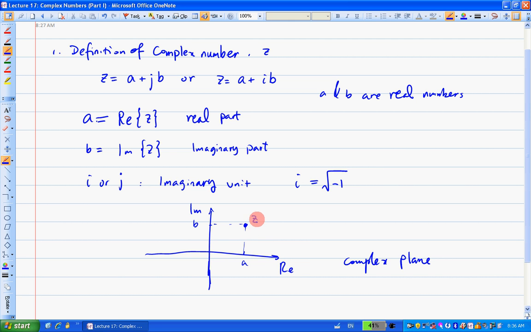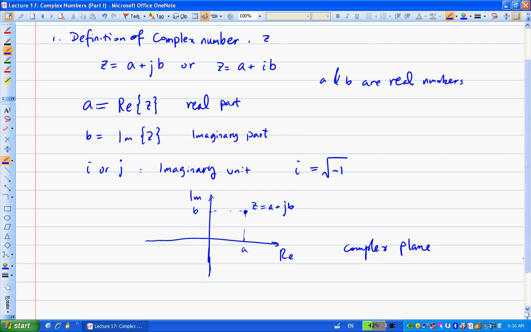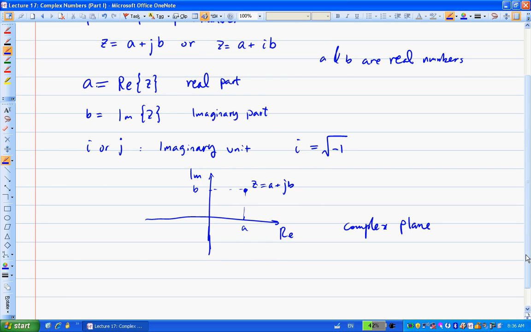This location is the Z complex number. Okay? So that's how you use the complex plane to show where this complex number is. The same way as you do regarding Cartesian coordinates, just change the x and y to real and imaginary, right? So sometimes this is also called the Argand diagram.